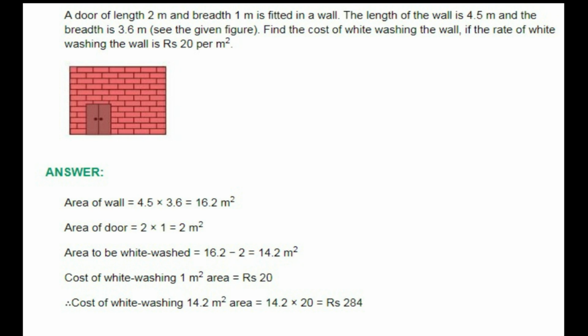Now we find the area of the door. Length is 2 meter, breadth is 1 meter, so 2 into 1, length into breadth, equals 2 meter square. If we subtract the area of the door from the area of the wall, we will get the area of the wall that needs to be whitewashed. So we subtract 2 meter square from 16.20 meter square, and it is coming as 14.20 meter square.